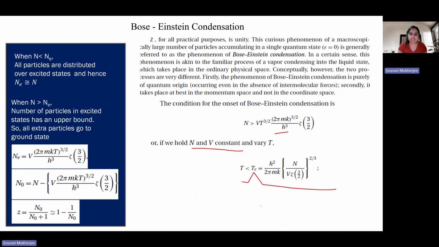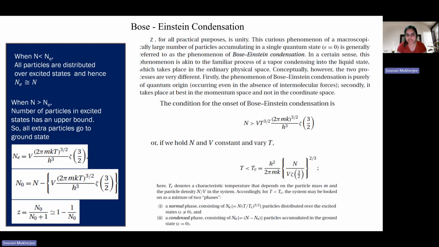This Tc is called the critical temperature, below which Bose-Einstein condensation happens. Tc is the characteristic temperature that depends on the particle mass and the particle number density in the system. Accordingly, for T less than Tc, the system may be looked on as a mixture of two phases. Why? Because for T less than Tc, condensation starts happening. So now you have two states.